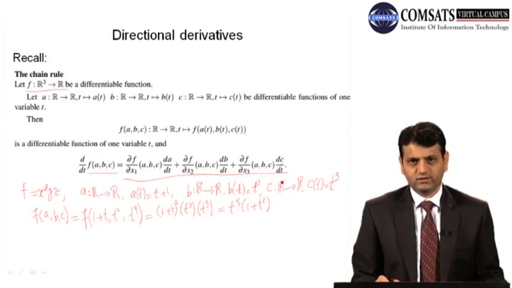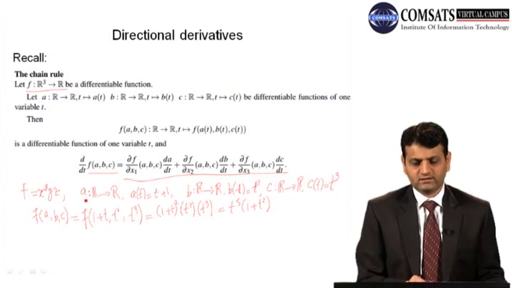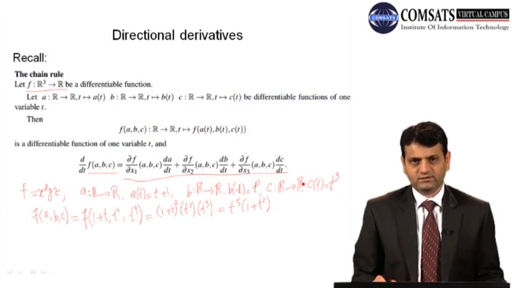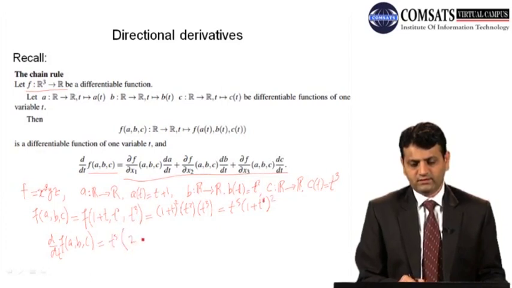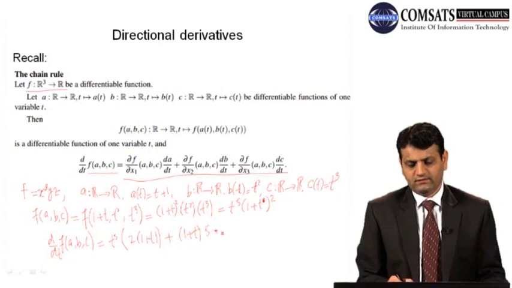This chain rule is useful when you have complex kind of a, b and c functions, or they are implicit functions. But in this case you can directly calculate d by dt of f of a, b and c. So what is this? We can use the product rule, t raised to power 5 multiplied by 2 into 1 plus t plus 1 plus t square into 5 t raised to power 4.